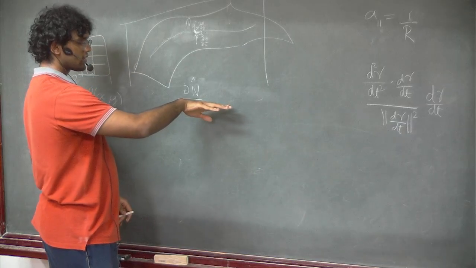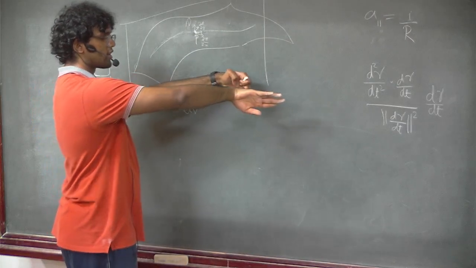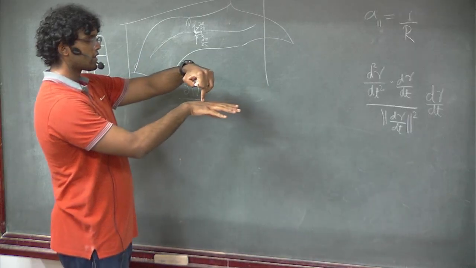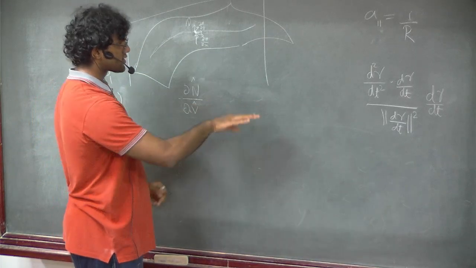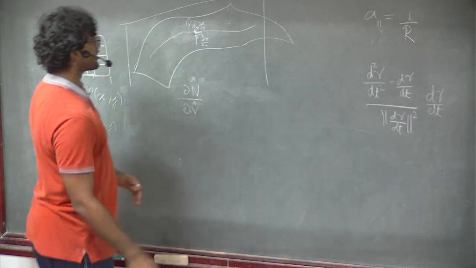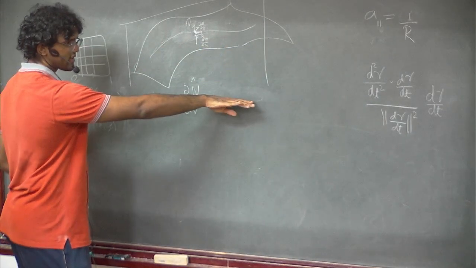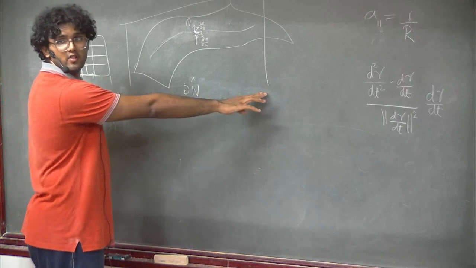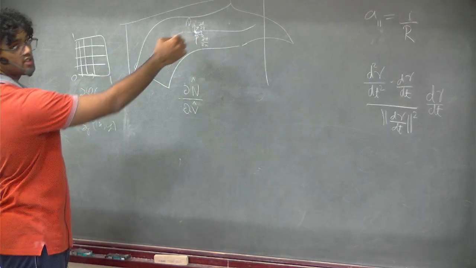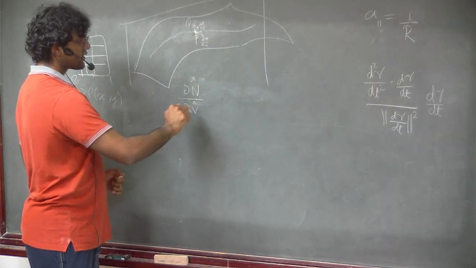If my surface turns like this, my normal is turning with it as I move along the plane. But I only care about how my normal changes in the plane, because the curve itself will not change. If I take an intersection like this, the curve itself does not change. So I don't care about the angle in the direction normal to the plane whose intersection I'm taking. I only care about the thing in the direction of v.